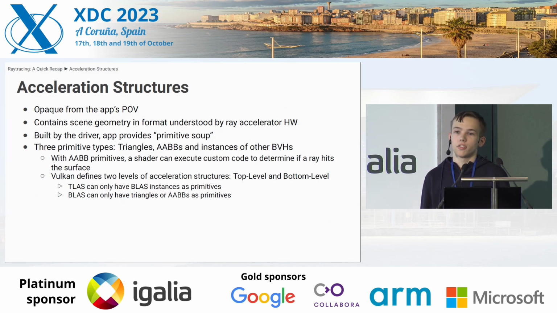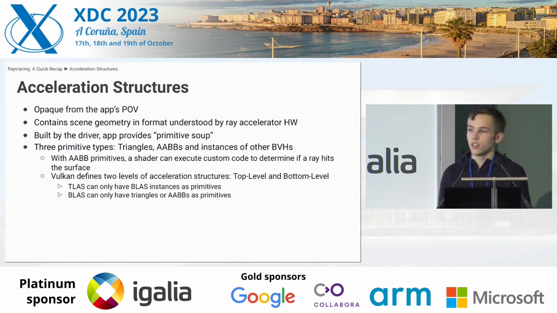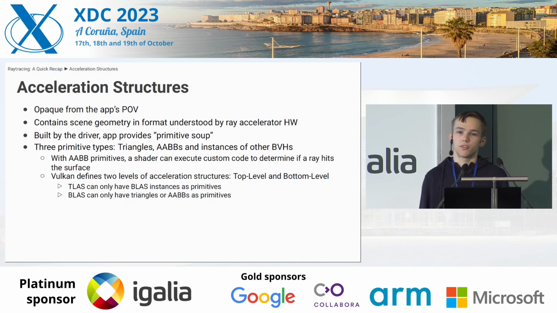And to actually construct these structures from your average triangle mesh or whatever, you just give all your triangles to the driver and tell it, hey, please build this acceleration structure for me. There are also some other primitive types aside from just triangles. You have AABB primitives, which you can use for procedural geometry.